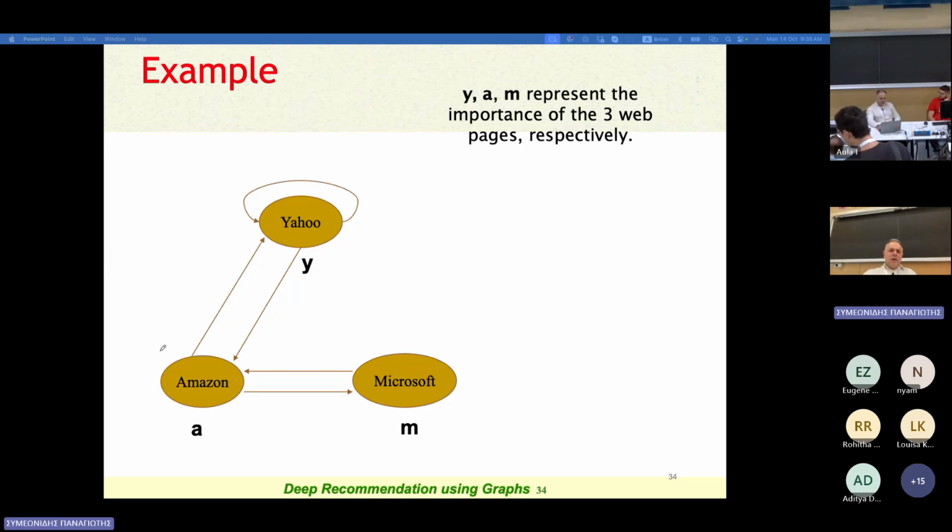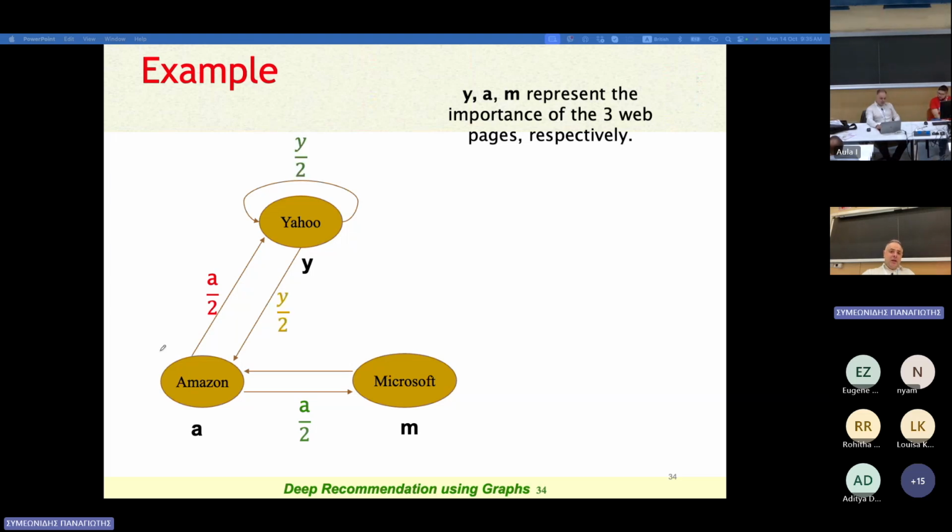Here we see an example of a simple graph, which consists of three nodes: Yahoo, Amazon, and Microsoft. And we take into consideration the incoming links to infer the importance of these nodes.